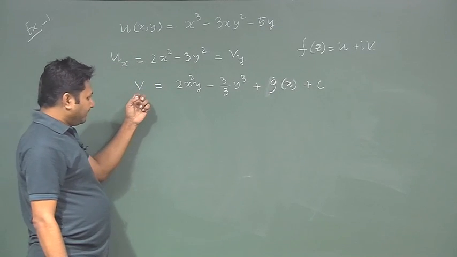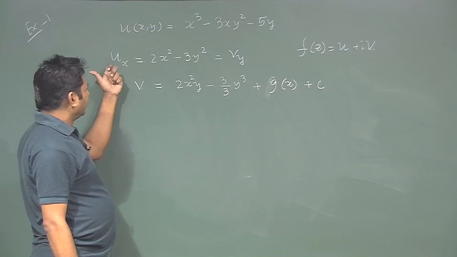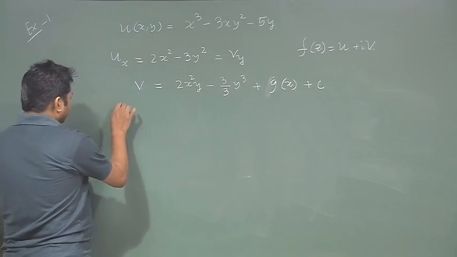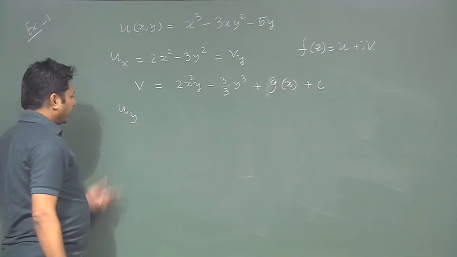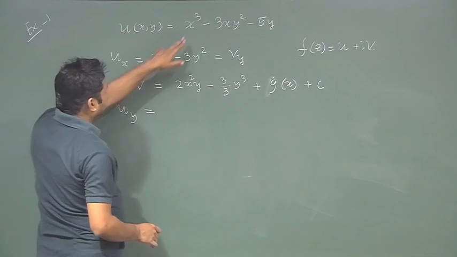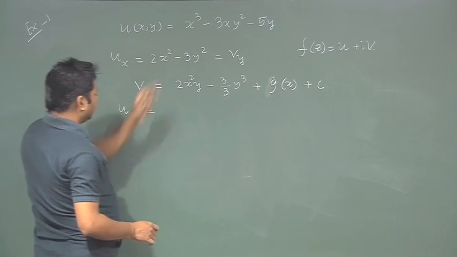Now, once I have this, the Cauchy-Riemann equation also gives me another expression, which is uy. uy is the partial derivative of this quantity with respect to y.